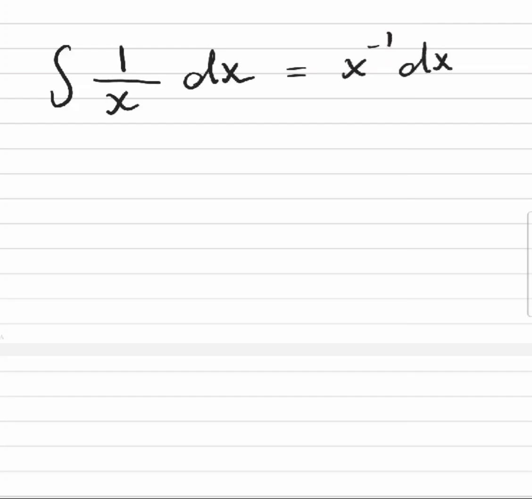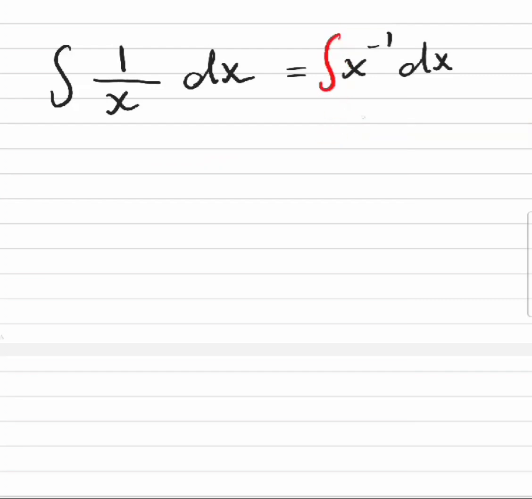Now what is the antiderivative of 1 over x? If we try to rewrite it, and if we add 1 to the exponent, this is going to be negative 1 plus 1, which is 0.